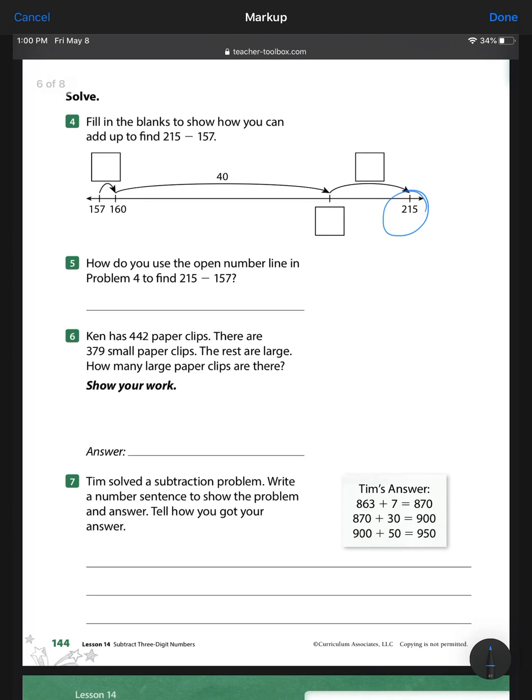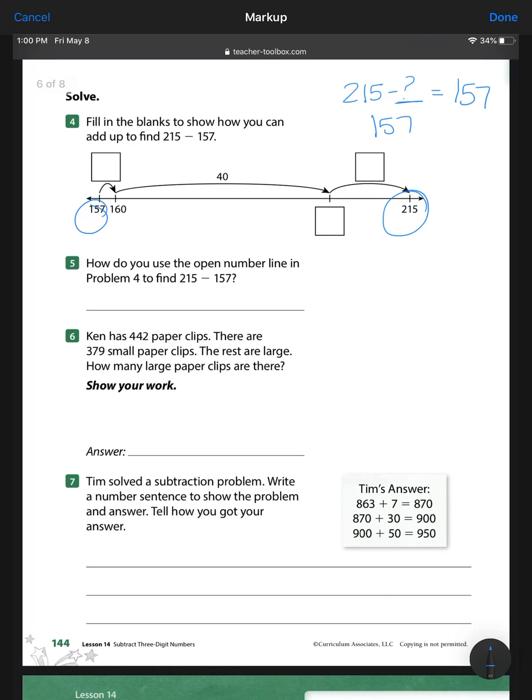All right, so the number that we start with is 215, and we're going to subtract to find how many are left, okay? So 215 minus what equals 157, okay? So we're actually going to add up.